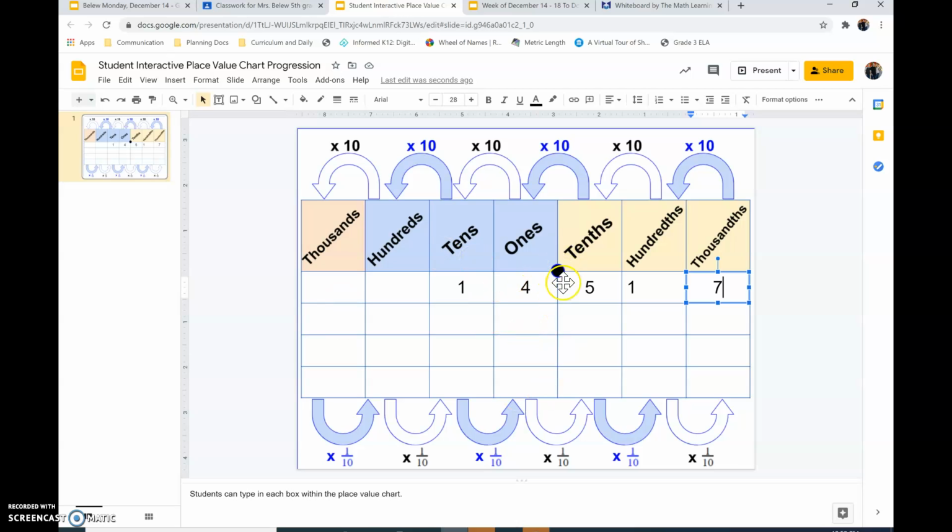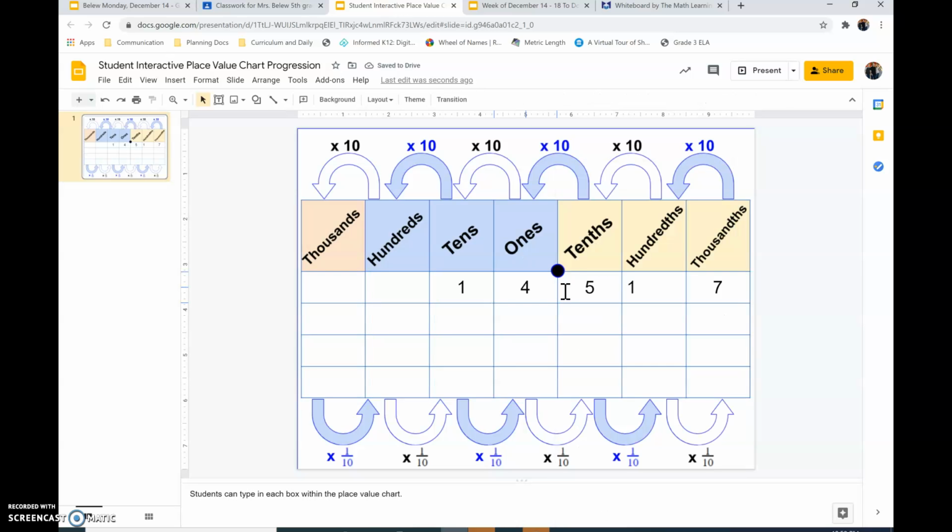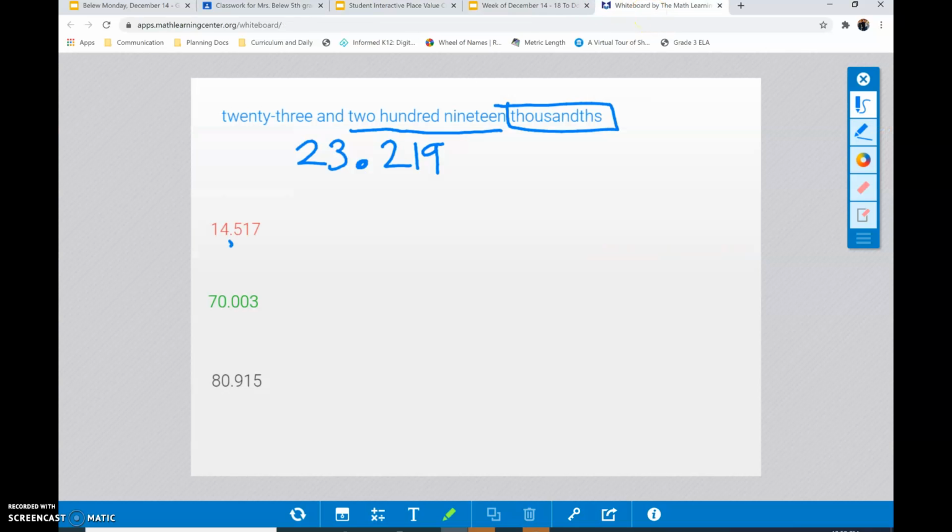14 and 517 thousandths. I don't think it'll let me write on it. Let me see. Nope, it won't. So 14 and, when I see a decimal, I say and, then I read it like I see it. 517, and the last digit is in the thousandths. So I need to go over here and I need to write 14 and.